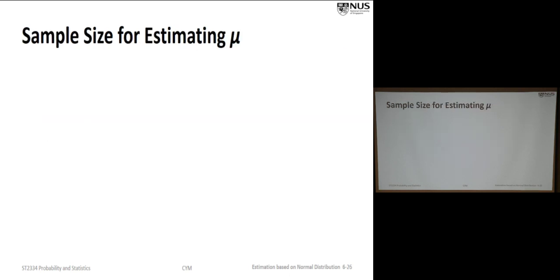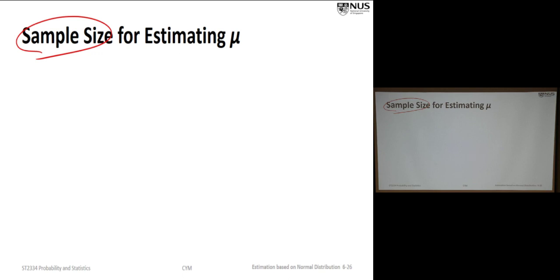Okay, before we look at some examples, we would like to look at another problem. It's a very common problem. How big should the sample be? How big a sample should I get in order to draw statistical inference?